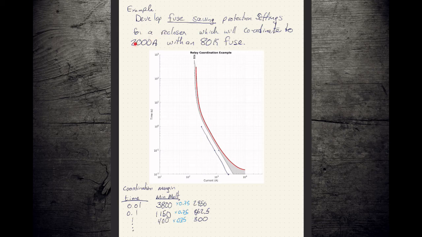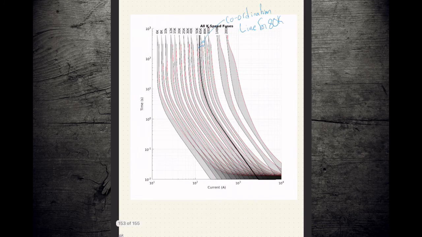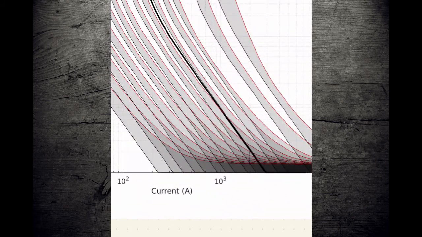That was given to us in the question. So if this is 2000 amps, here we're looking for the biggest fuse that crosses this coordinating line on this side, so crosses at some value larger.